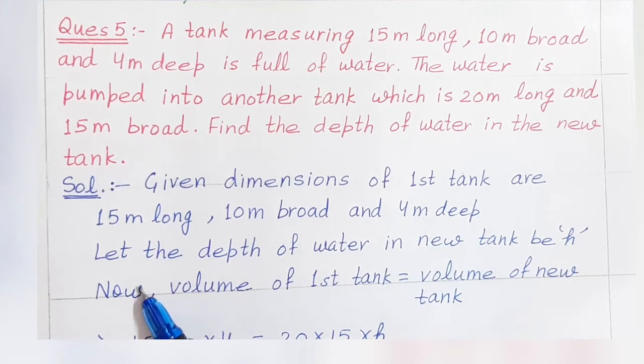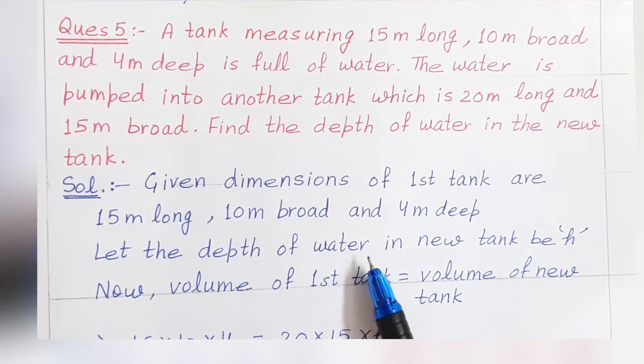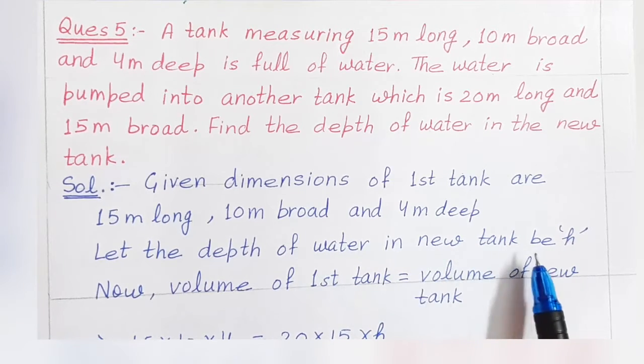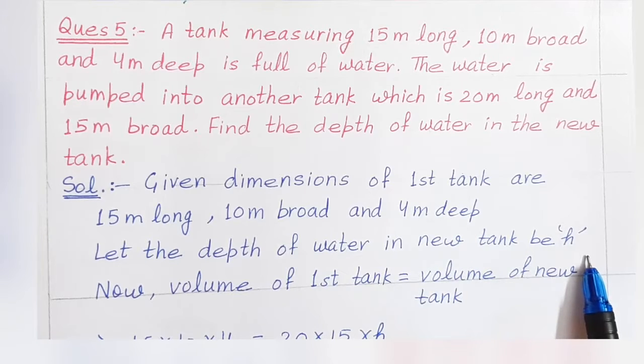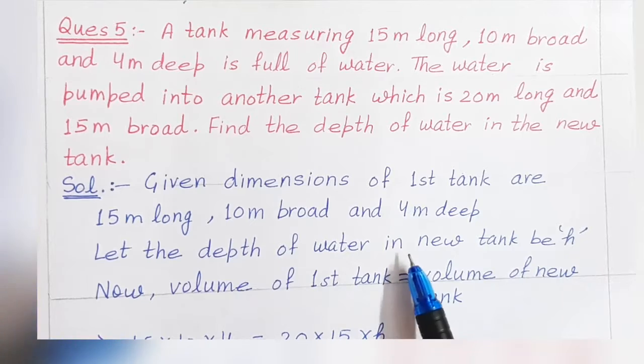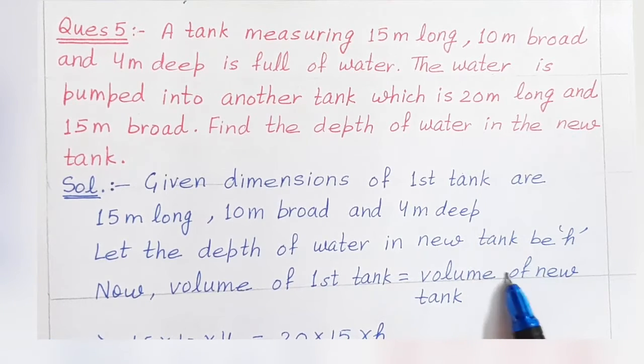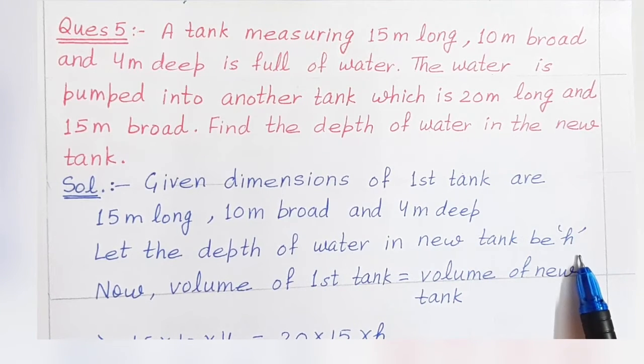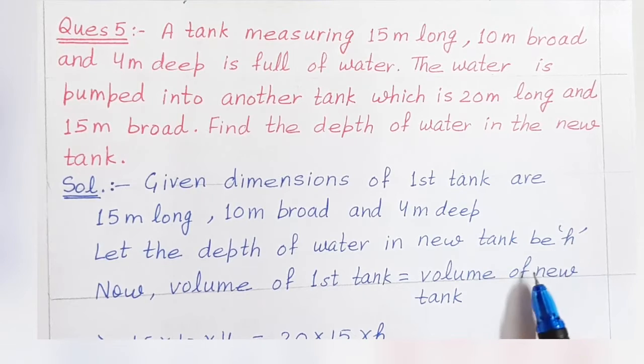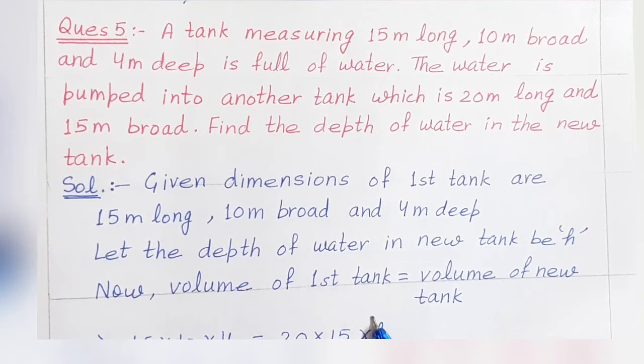Now, let the depth of water in new tank be h, that is the height. Here, height of the second tank is not given to us. Clear? So, volume of first tank is equal to volume of new tank.